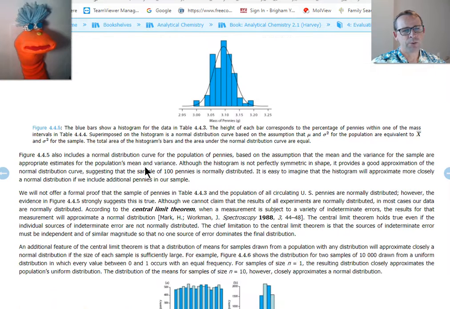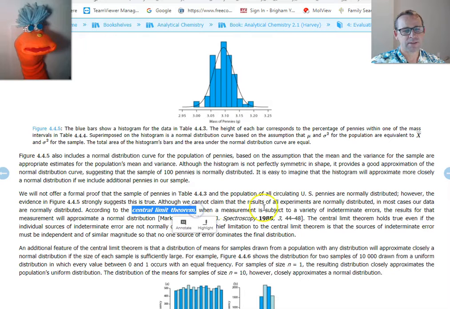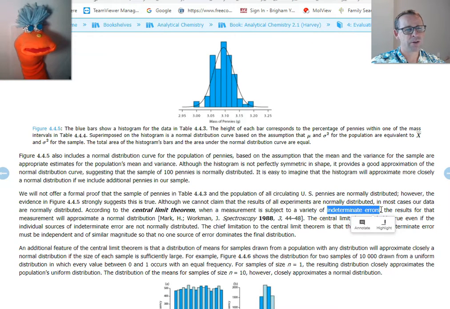And you can't prove that a normal distribution will ever exist because you'll never be able to measure 100% of anything. However, the central limit theorem basically states that given indeterminate errors, now do you remember what indeterminate errors are? Is that the random errors? Yeah, that's right, random errors. The result will approximate a normal distribution.